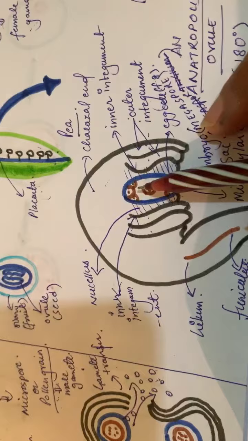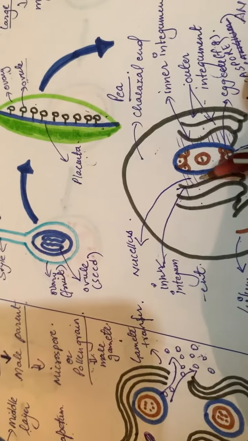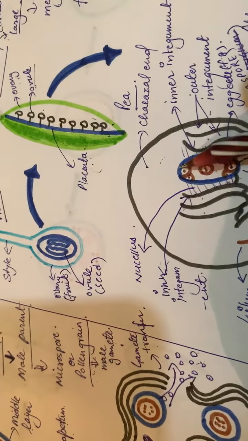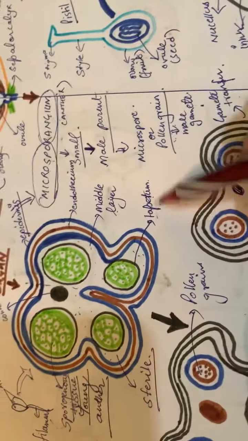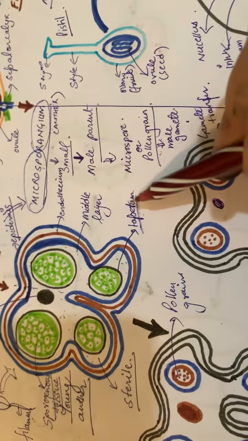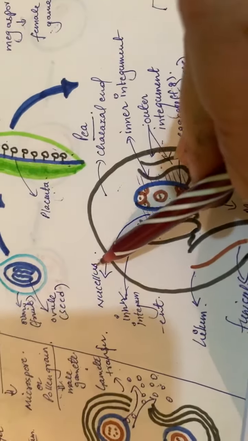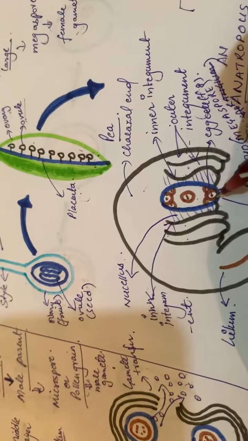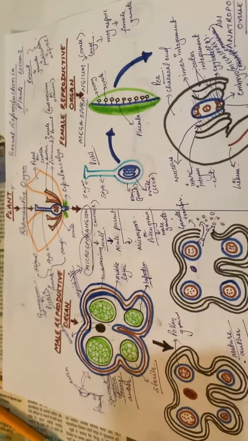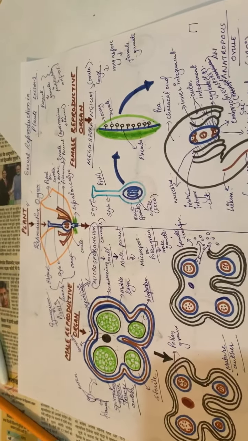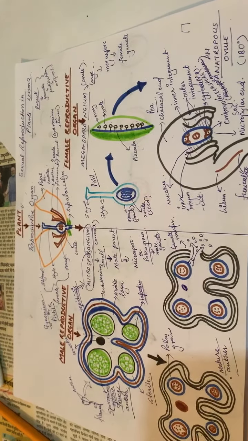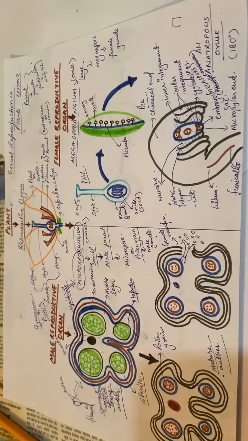Nucellus has a very significant function in the nutrition of the growing embryo sac. Remember, similarly, like tapetum had a significant function that it provides nourishment to the growing pollen grain, here nucellus provides nourishment to the growing embryo sac. And this is how the comparative study of male reproductive organ and female reproductive organ takes place. Okay, children.